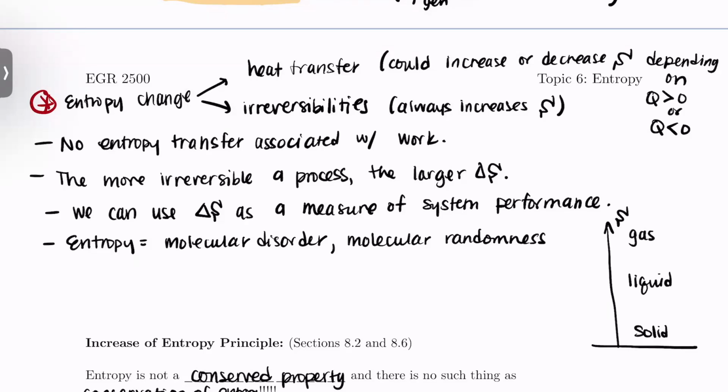In computer science, as an analogy to this, entropy is related to the amount of information that a system contains.